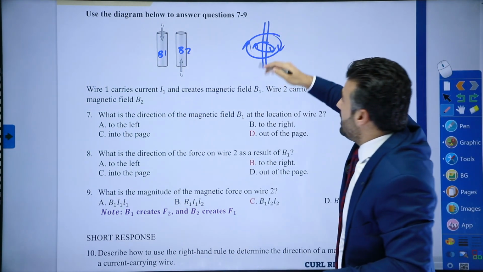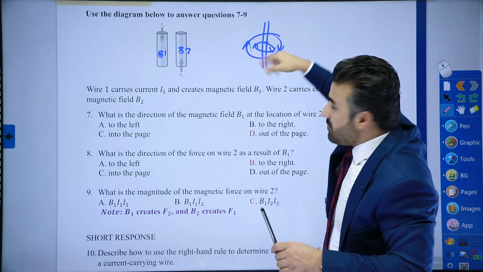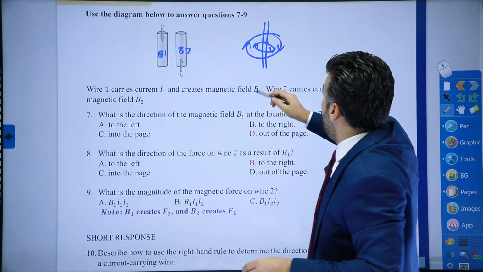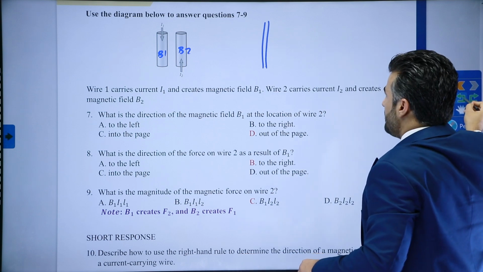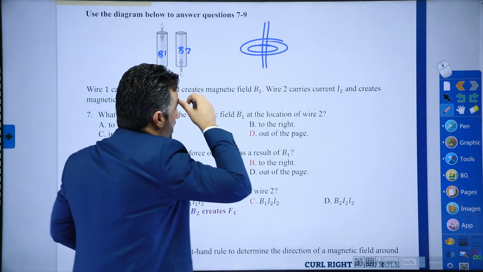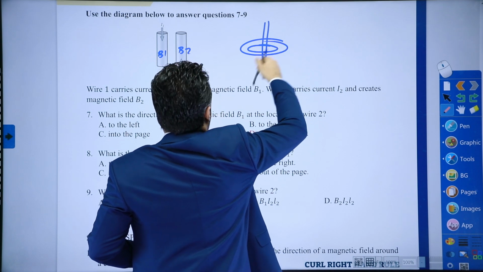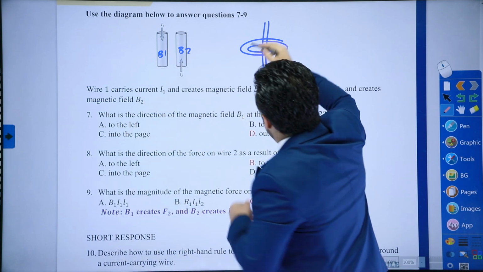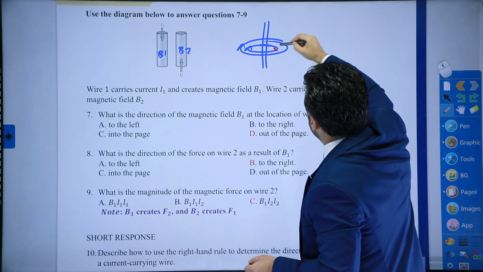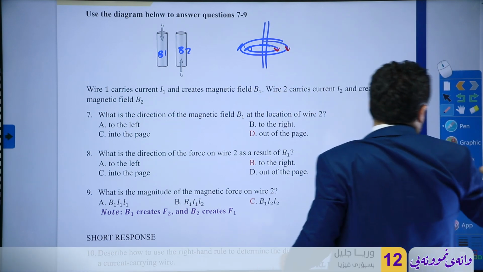When I say clockwise, that is from your point of view, but normally this magnetic field does not look like clockwise. It's basically concentric horizontal lines. Let me see if I can draw a little bit better. Perhaps something like this would make more sense to you. So this is the direction of the magnetic field, and if we use red so that it is more obvious, it is going to be moving like this. Now what about wire 2 here? Where's wire 2?